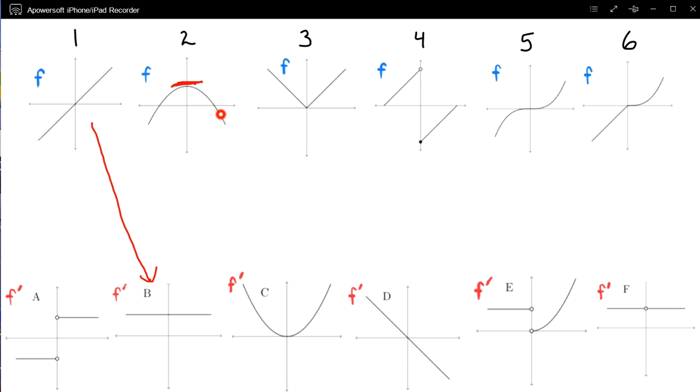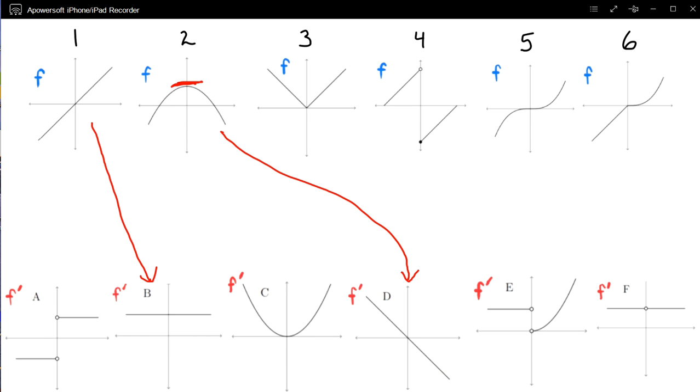To the right, our function is decreasing, so our derivative will be negative. So our derivative is going to be positive, 0, and then negative. All right, well, the graph that does that is going to be graph D. We have a positive derivative, 0 derivative, and a negative derivative.